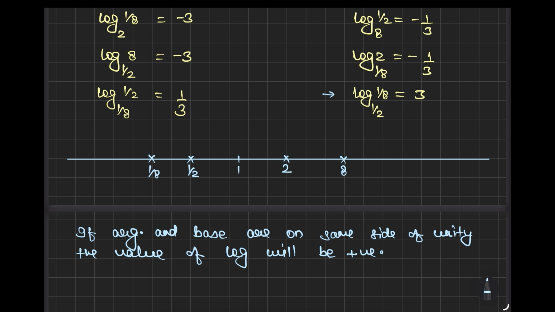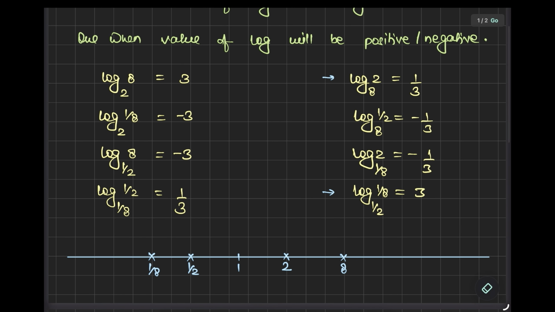Just memorize the positive; the remaining conditions will become negative.